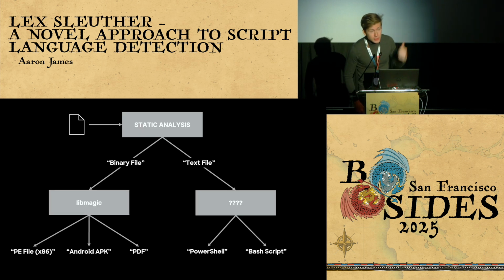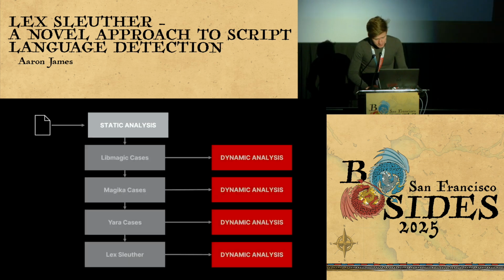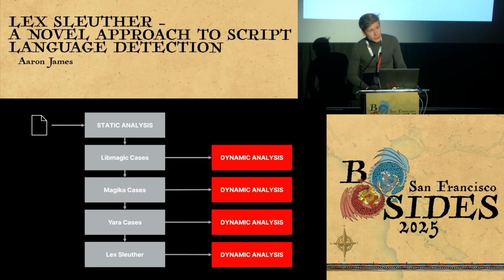So remember this diagram from earlier? Who won, right? Does CrowdStrike end up using Magika or Lex Sleuther to fill in that mystery component? The answer, of course, is yes. The truth of the situation is that we use everything, right? LibMagic, Yara rules, Magika, and Lex Sleuther to draw conclusions about what dynamic analysis engine to select.